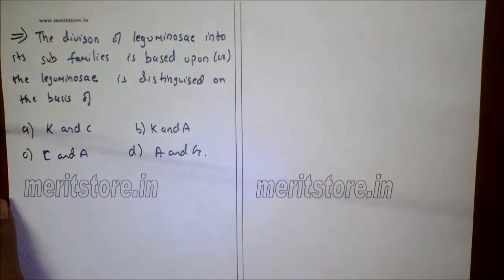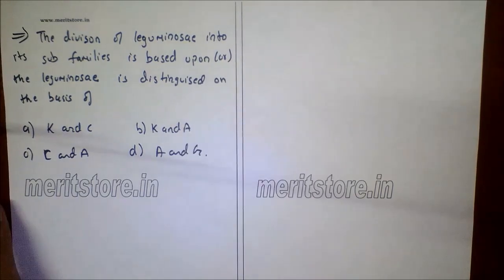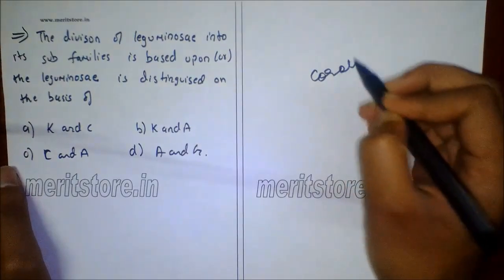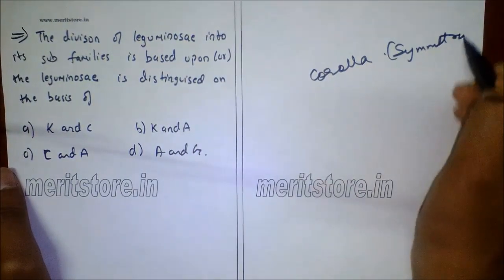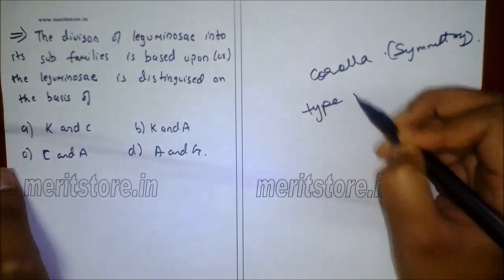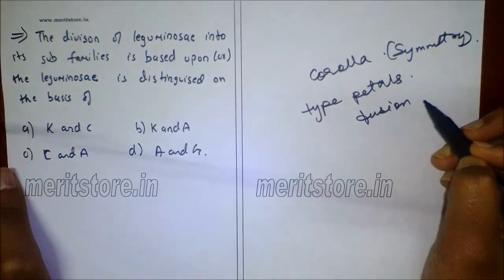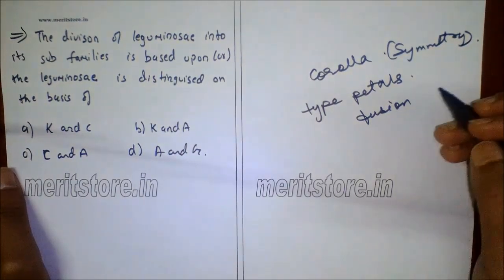The division of Leguminosae into subfamilies is based upon the characteristics of corolla, that is symmetry of flower, type of petals and their fusion, which is estivation, and androecium, that is number and arrangement.